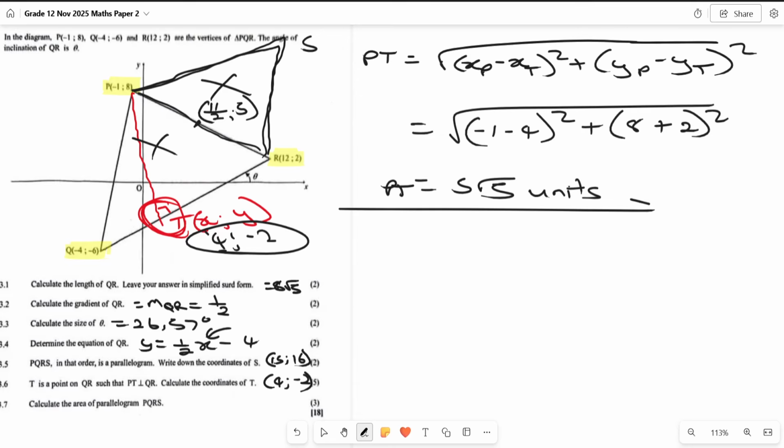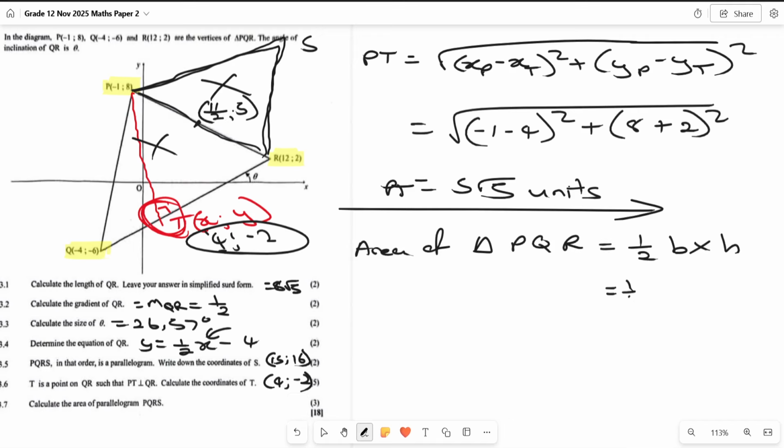Right. Now what we need to do is to just calculate the area. We need to calculate the area of one triangle first and then multiply it by 2 to get the total because it's a parallelogram. So area of triangle PQR is equal to half base times the height.